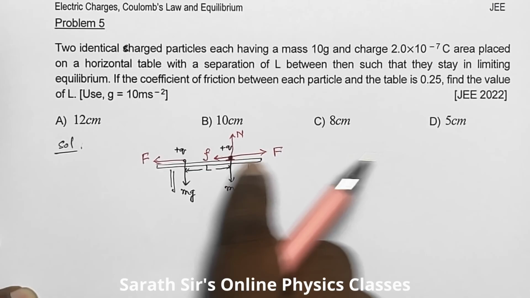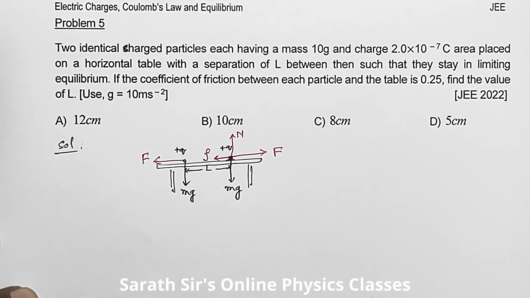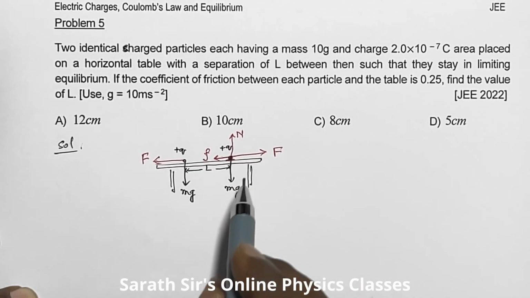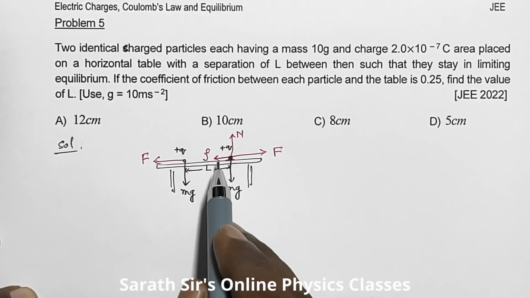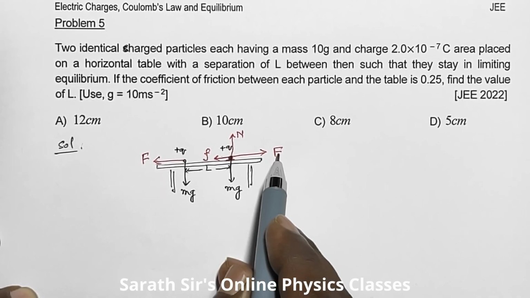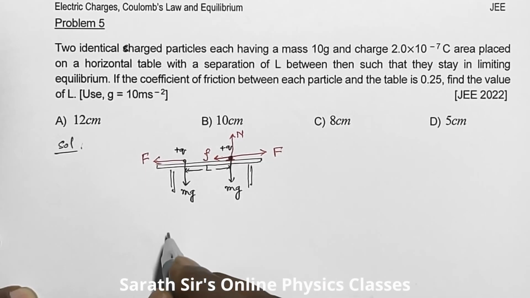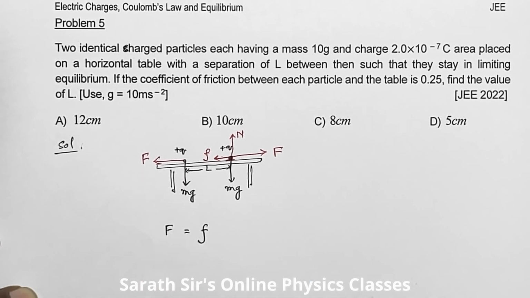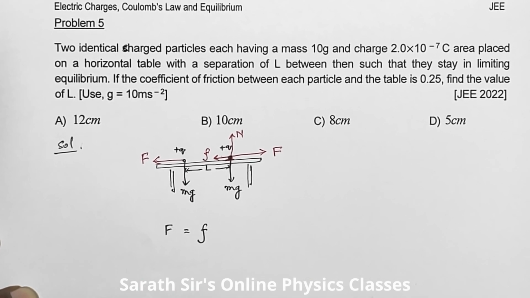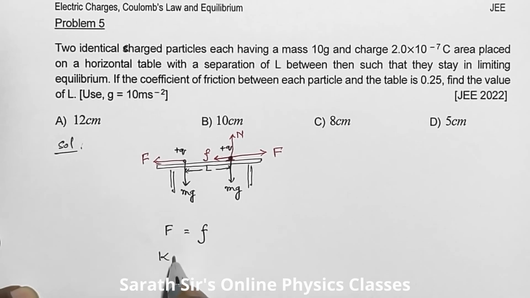So these are the forces acting on each particle. At limiting equilibrium, the Coulombian force is equal to the frictional force, and then these two particles will be in equilibrium. So the formula for F is K Q square by L square is equal to the frictional force mu mg.